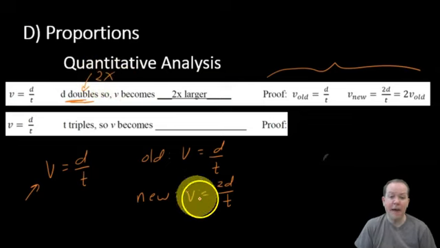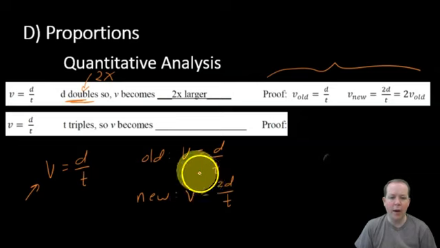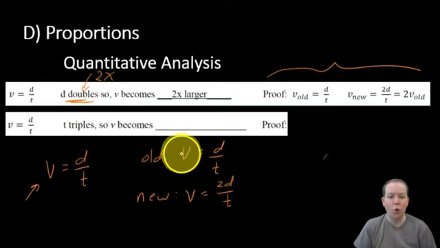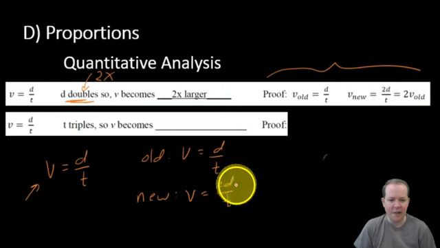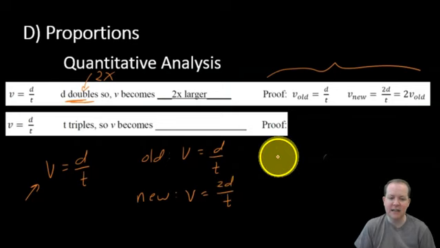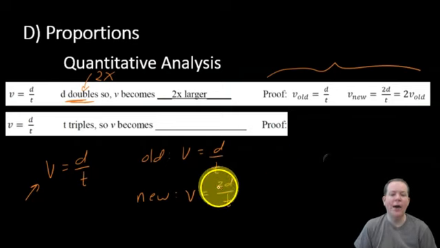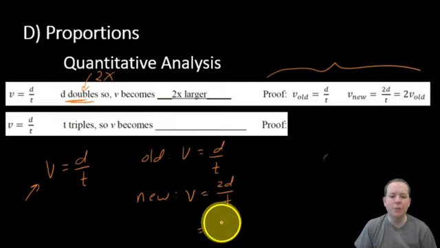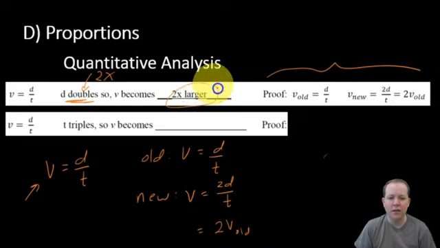Well, okay, now let's compare my new equation with my old equation. In the old one, I had distance and time. I still have distance and time, but now I have an extra 2. Now I am multiplying this by 2. It's twice as much as the old version. So if I double the distance, the velocity is twice as much.